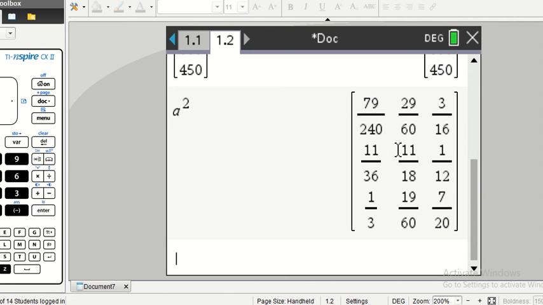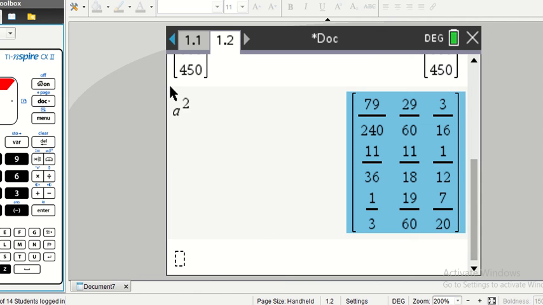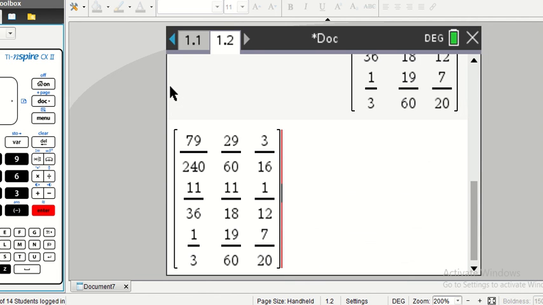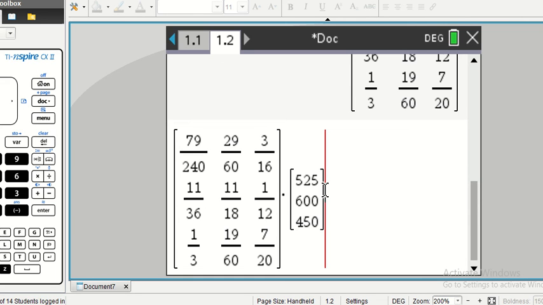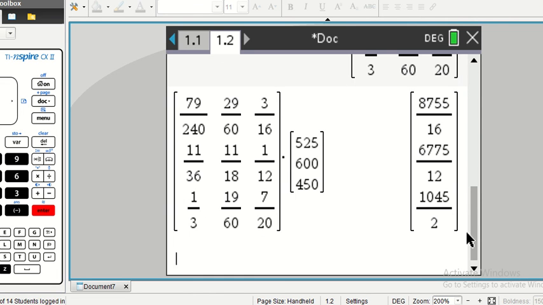So this is what matrix A squared looks like. So A squared times B gives us this.